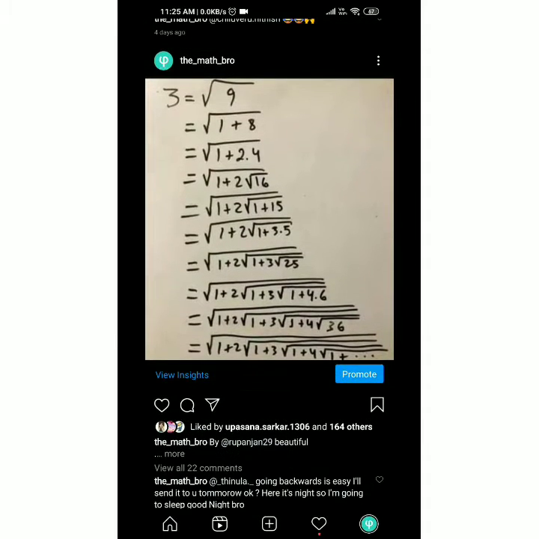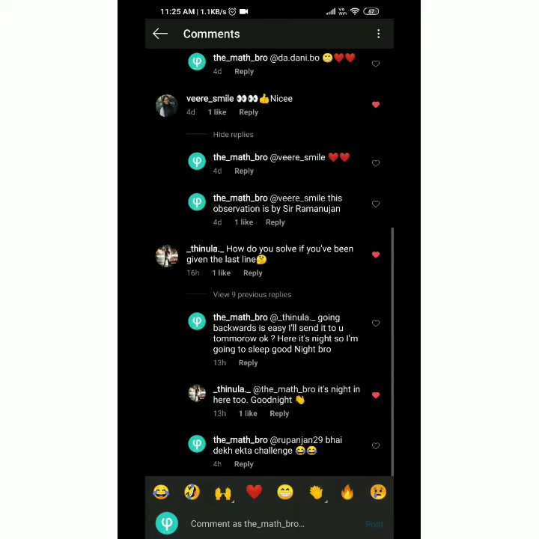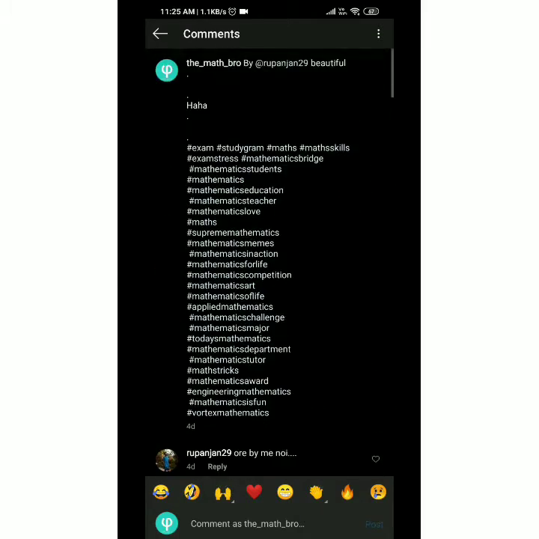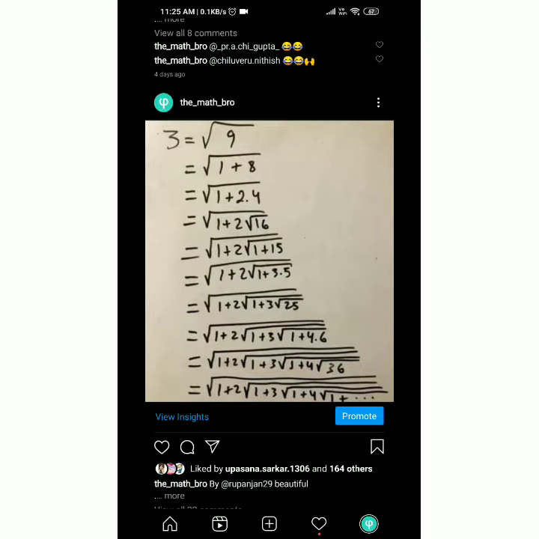Ramanujan sir got this really cool result, but one thing is that he started with 3 and he ended up with this infinite radical.